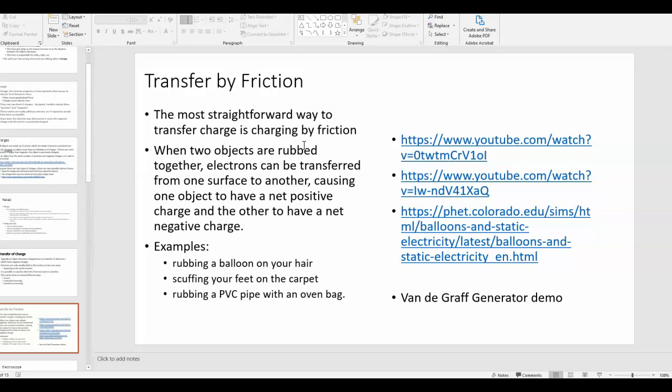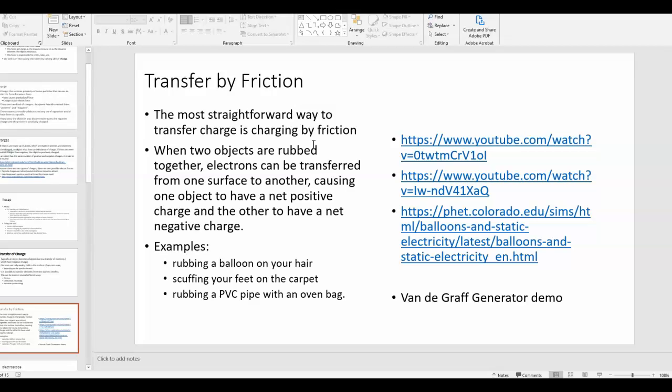You might even notice sparks if you take off your sweater if it's cold outside. Sometimes I can hear a little crackling in the air when I take off a sweater and I pull it up over my head. And so those sparks are, again, just the transfer of charge by friction affecting the air.